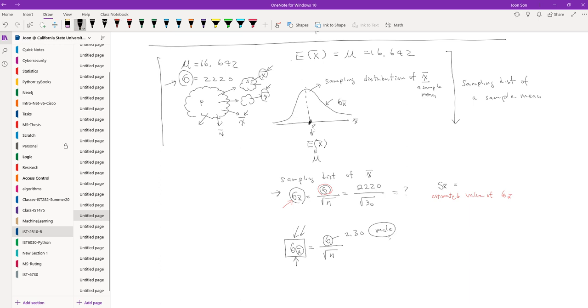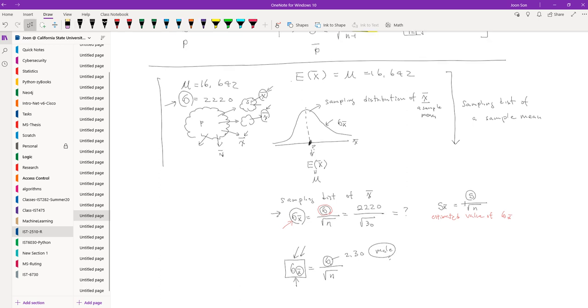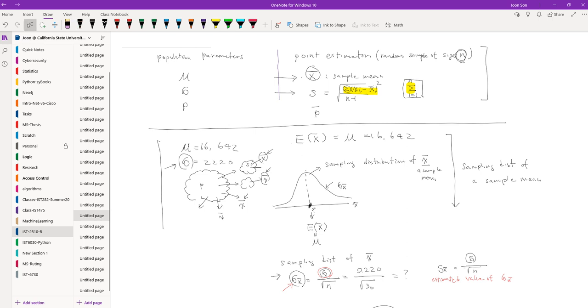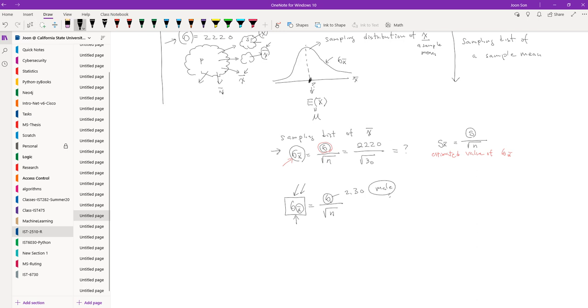And the equation for that is very similar: s over root n. Instead of sigma, we use just s, the standard deviation that we can calculate from the sample. I just want you to know the difference between sigma x bar and s x bar.